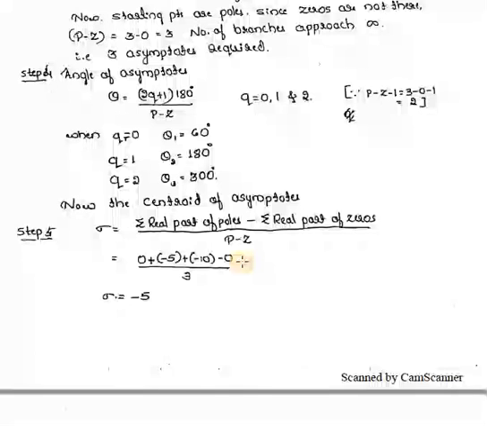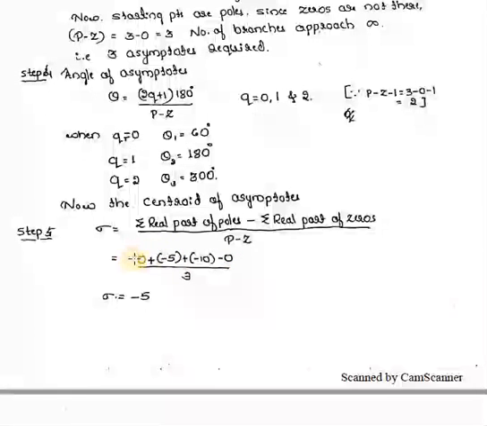Once you calculate the angles for the asymptotes, now you need to identify the centroid for the asymptotes. For that also we have a formula: sigma equal to summation of real part of poles minus summation of real part of zeros, divided by p minus z.